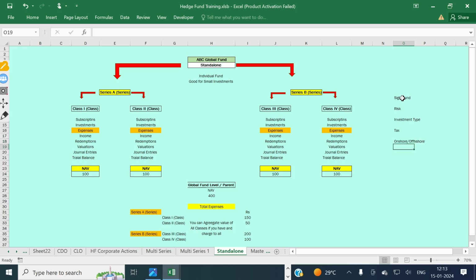Onshore, offshore, tax, investment type, and even investment cycle or fund type, I would say, whether it is open ended or close ended. Onshore, offshore.